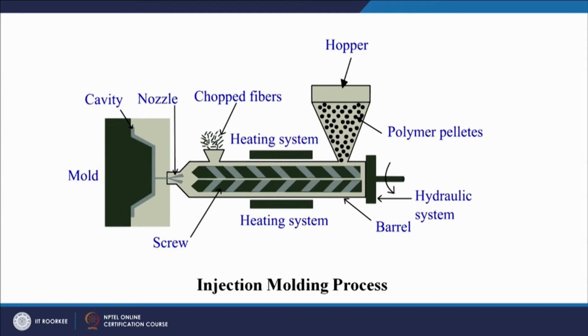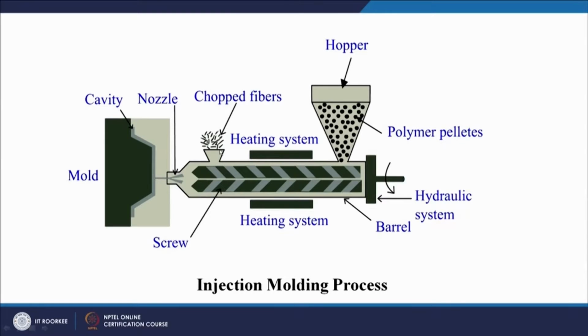Now there can be other variants of this process for which we do not have the diagrams here, but I would just like to briefly highlight what the other variants can be. For extremely small size fibers, we have pellets that are already available, and in these pellets the short fibers are pre-impregnated.